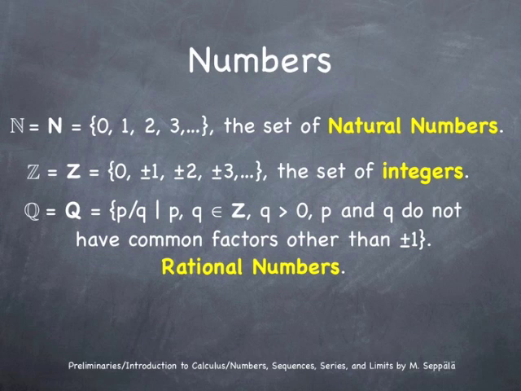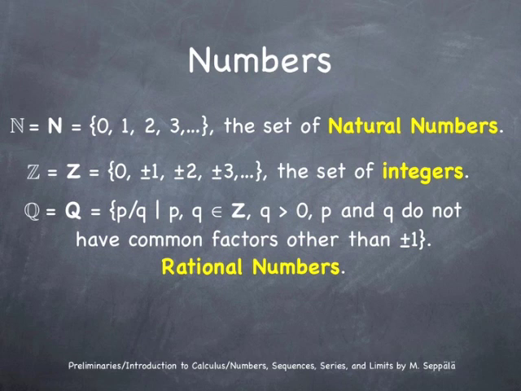If we do that, then the representation of a rational number as a ratio p divided by q is unique. If we drop the assumption that p and q are not allowed to have common factors, then this representation is not anymore unique. Clearly, 2 divided by 4 is same as 1 divided by 2.